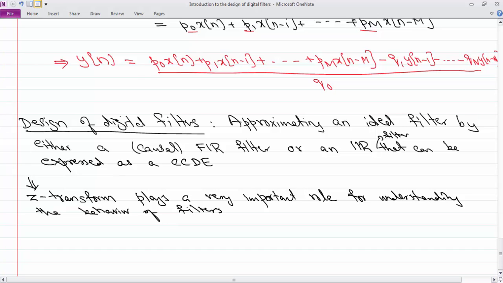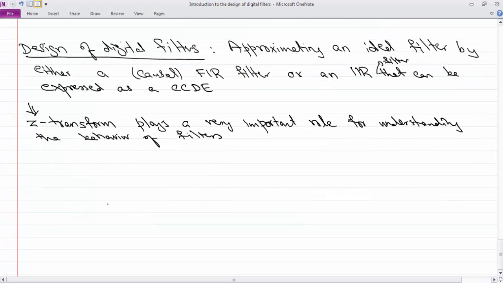So we'll talk about a few things that will remind us of the Z transform, a quick review of the Z transform.